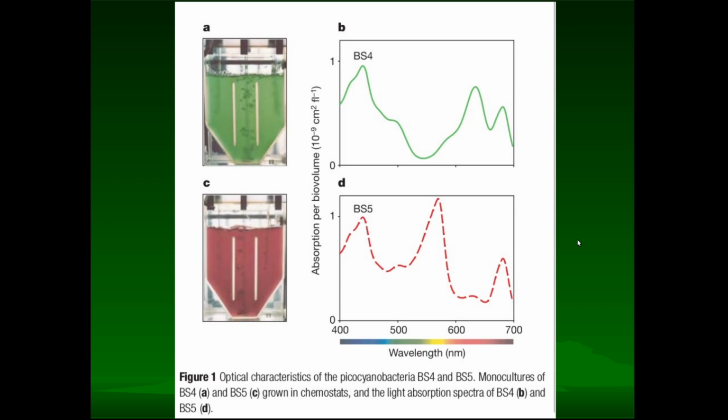For example, the light wavelength niche in the euphotic zone of the ocean. Different phytoplankton species have different photosynthetic and accessory pigments in their cells, which enable them to use different wavelengths of light for photosynthesis.